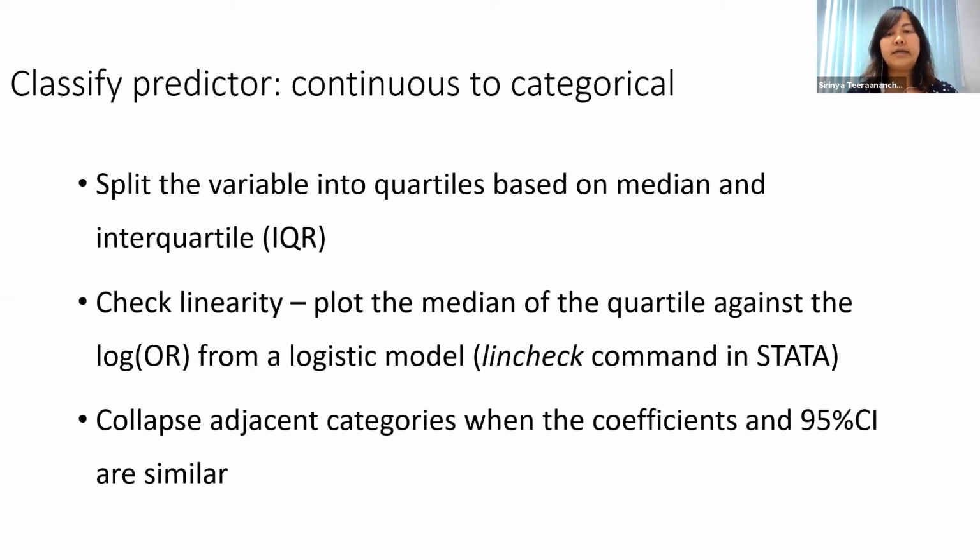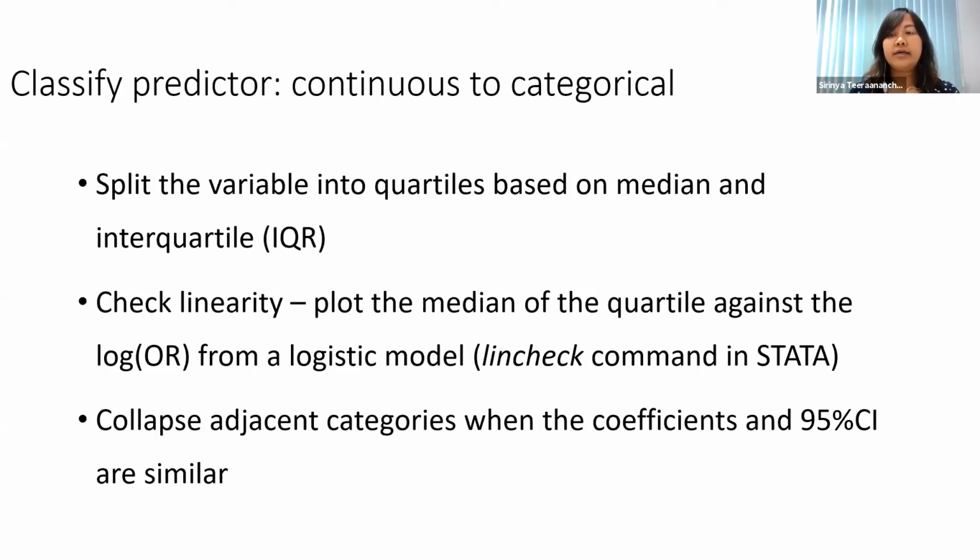This is easy if you use Stata to do analysis. So this command helps to check linearity in terms of quartiles. If it's linear, we can model the characteristic as a continuous predictor in the model. If not, we have to classify into quartiles or clinically relevant categories.